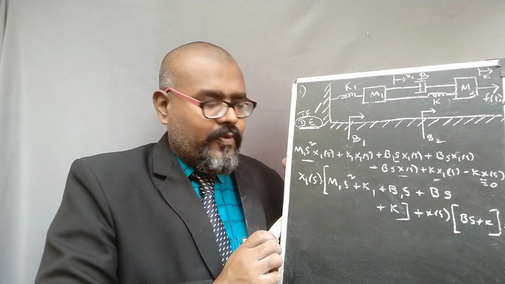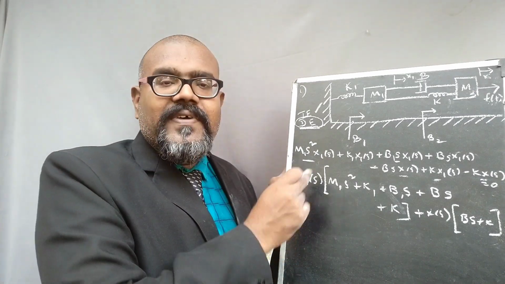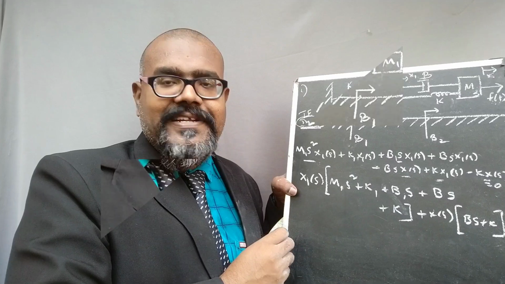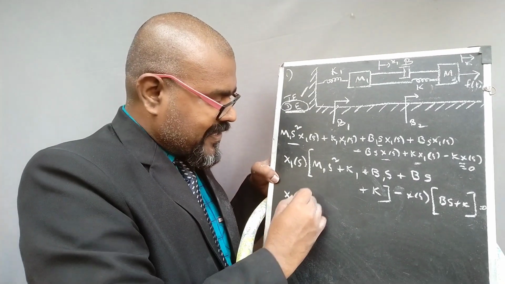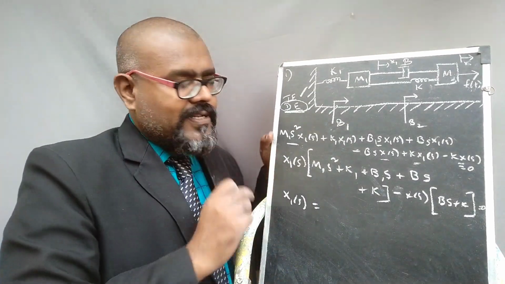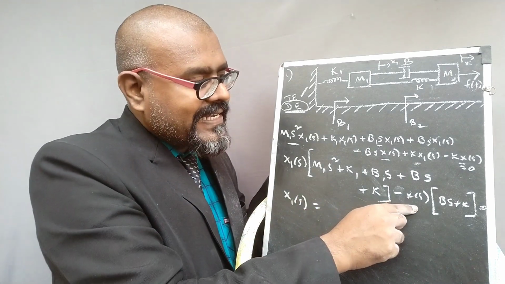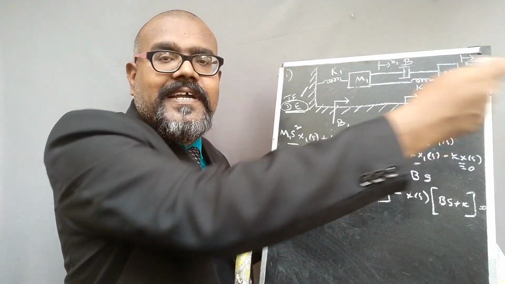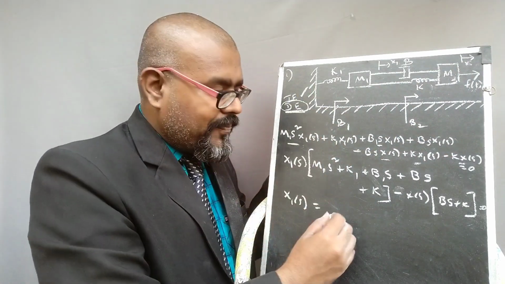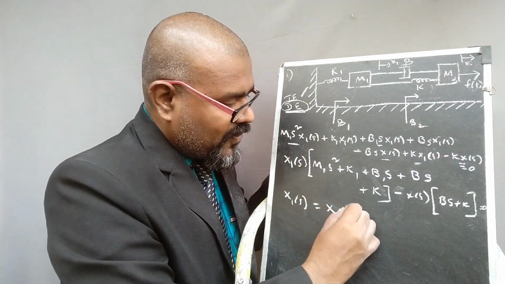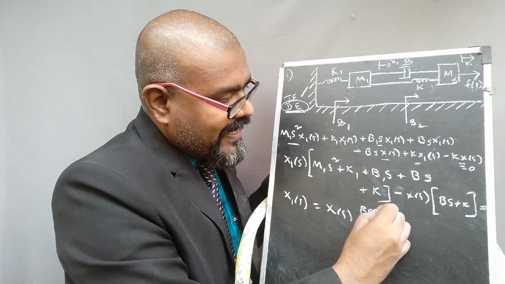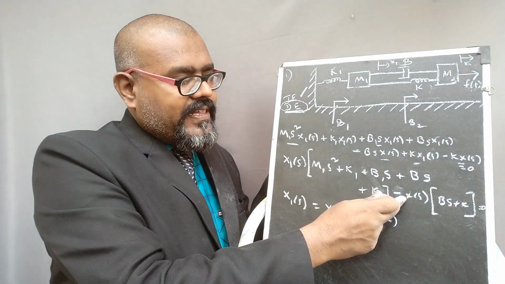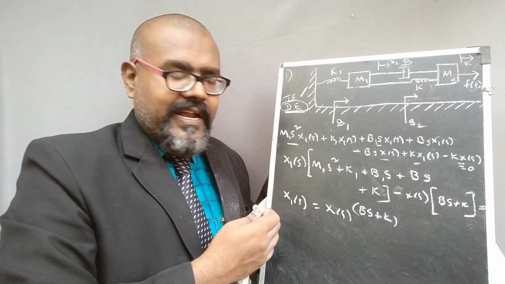Then what we are going to do is keep this x1 of s on the left side and move all the things to the right side. Then keep this x1 of s here. Then what you need to do is, here minus x of s into bs plus k, move that to the other side. So here minus, it goes to the right side and is converted into plus. So x of s into bs plus k. Then this particular element is moved to the right side.